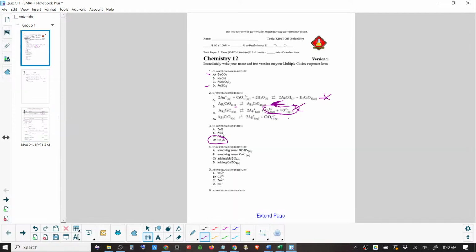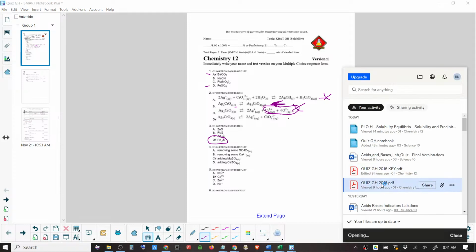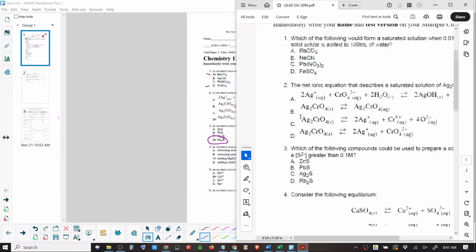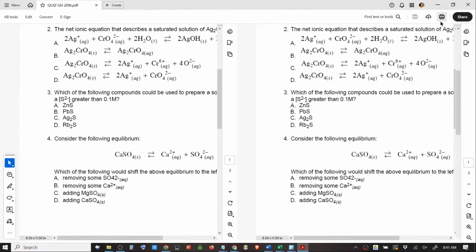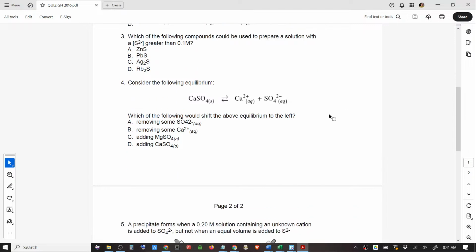Question 4. What could you do? Why would magnesium sulfate work? Because it's not going to precipitate. So magnesium sulfate, is it soluble or low solubility?